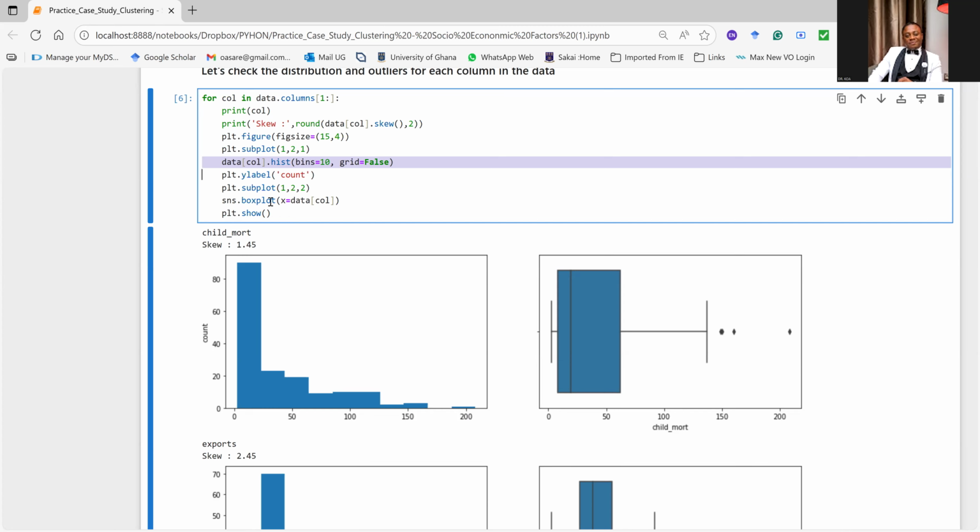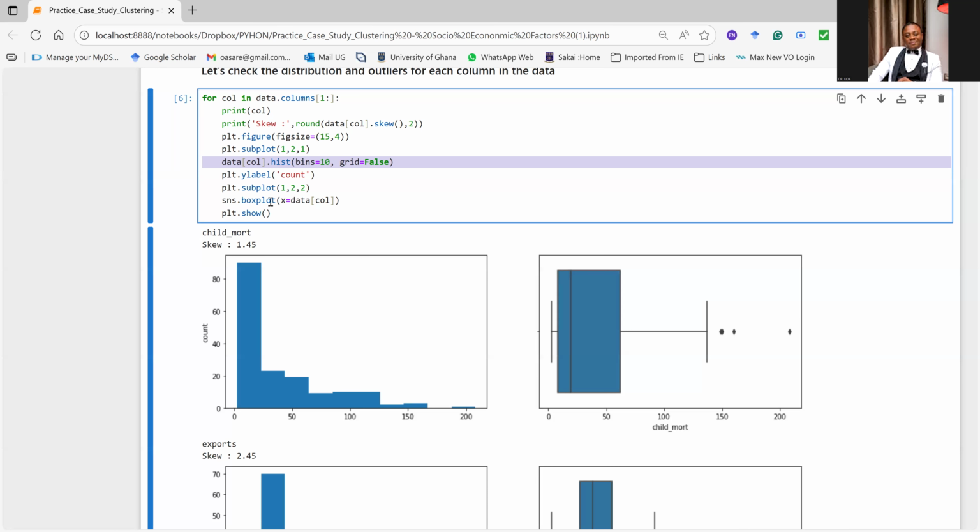But it's a standard, and it's good to do all this. There's no crime in doing it because doing it will make you feel the data.